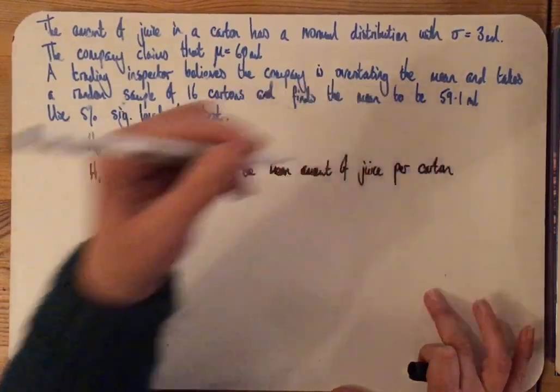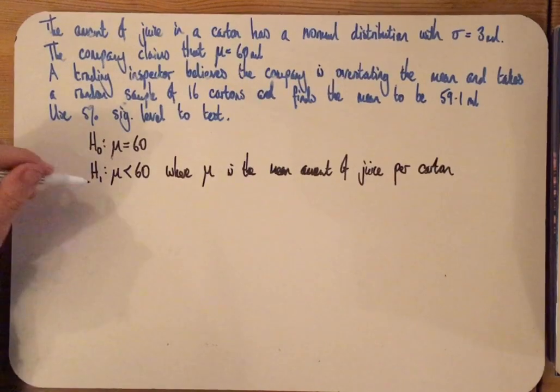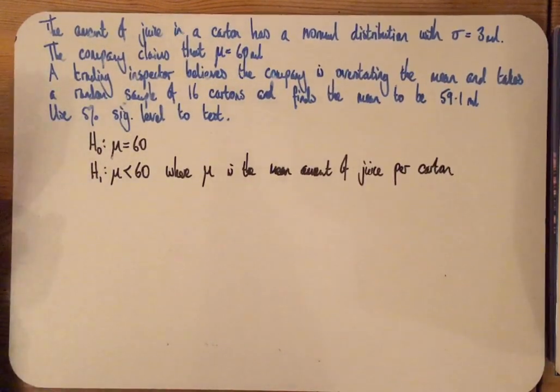So define your parameter. We'll check that on the mark scheme though. I know for the binomial ones, if you don't define p, you lose a mark. So I'm imagining it's the same here.